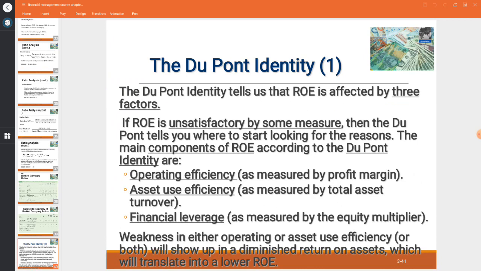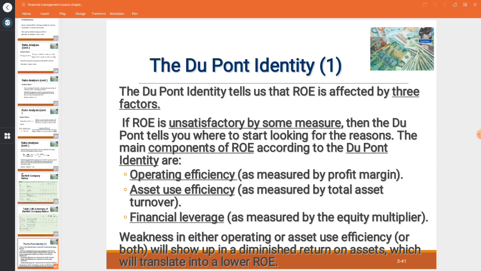The DuPont identity takes the shortcut of the return on equity and splits it into three subsections.